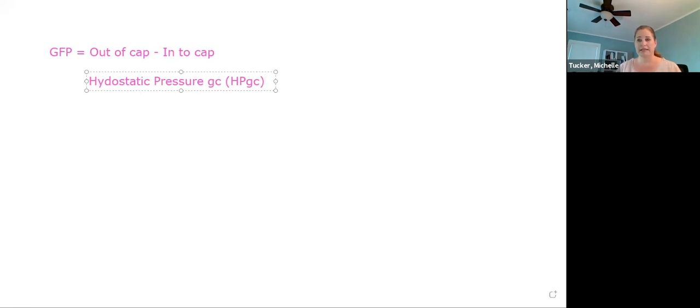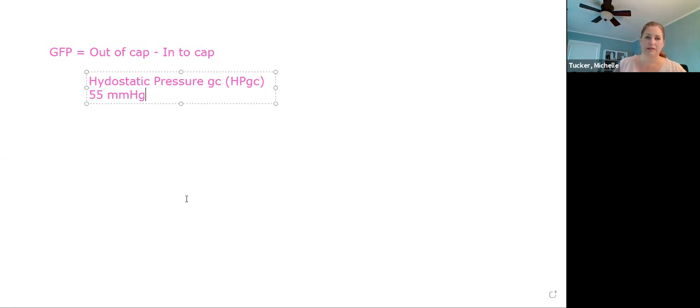This is created by the afferent arteriole bringing blood in, and then the efferent arteriole taking blood out, but at a smaller diameter, so slower flow. And that creates a pressure of about 55 millimeters of mercury.